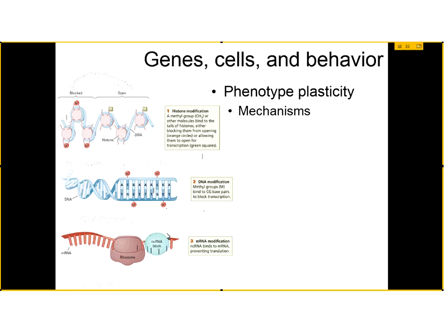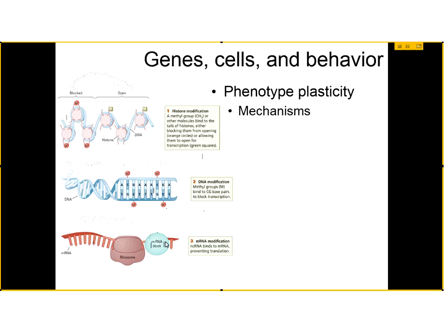And finally, we can have certain processes where the methyl group will bind to messenger RNA, and that will prevent the translation, or taking that messenger RNA and turning it into proteins. So these are 3 different ways in which we can change the expression of the proteins.